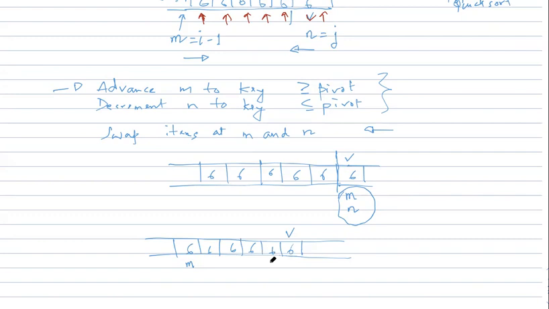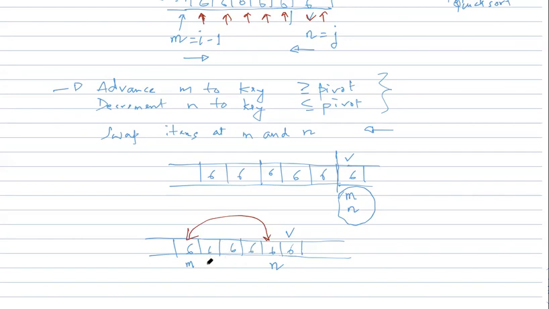And N will also get an opportunity to move backward and stop here. And then there will be swapping. Completely useless, looks like, but there will be swapping here.